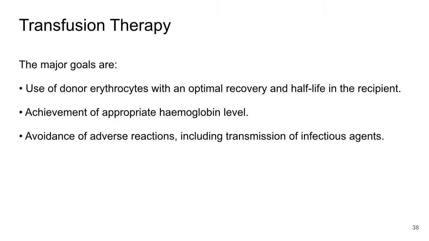The major goals of transfusion therapy are use of donor erythrocytes with an optimal recovery and half-life in the recipient, achievement of appropriate hemoglobin level, and avoidance of adverse reactions including transmission of infectious agents.